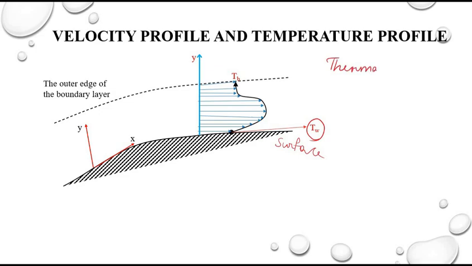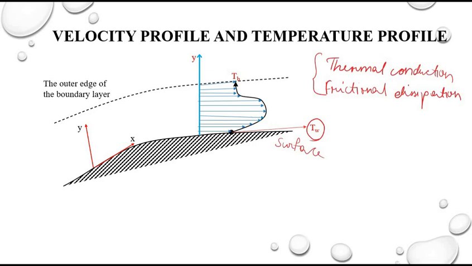So these are the two mechanisms due to which we see a change in temperature inside the boundary layer. All of you keep this in mind. These are the two important terms which you need to keep in mind: thermal conduction and frictional dissipation.